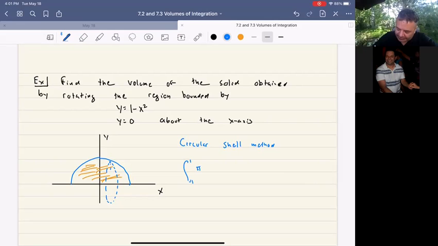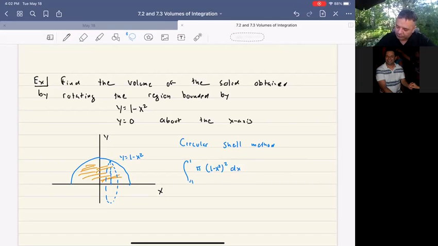What's the radius here? The radius is given by this y equals 1 minus x squared. But remember, we square the radius. Okay, so pi r squared dx.